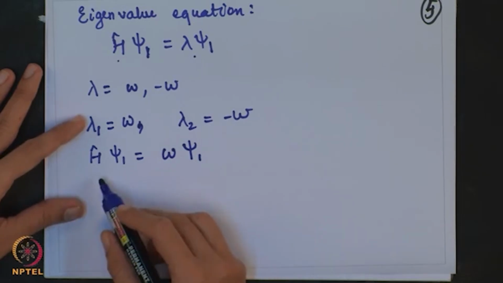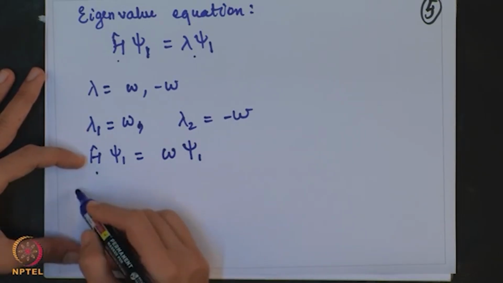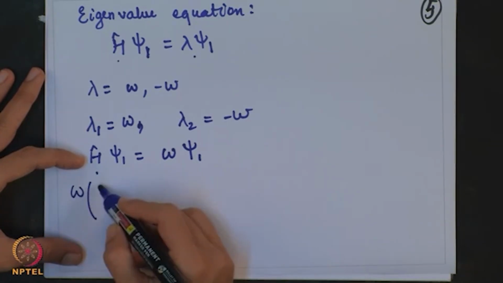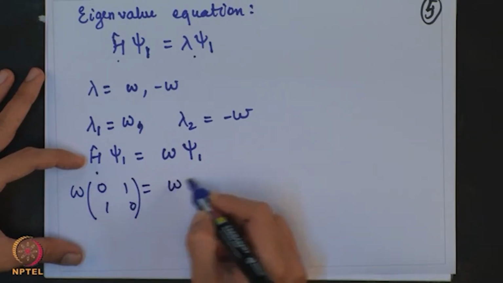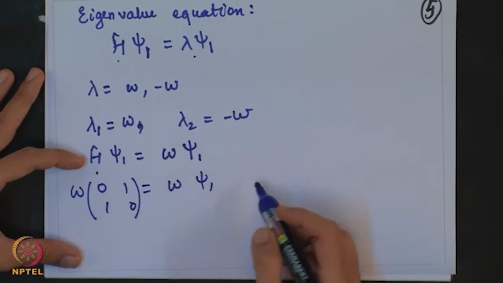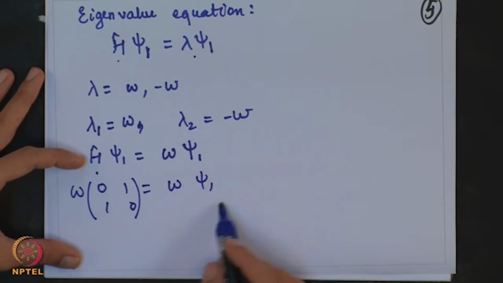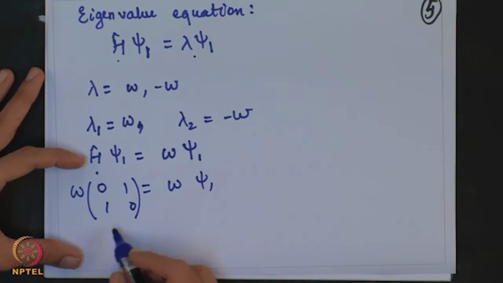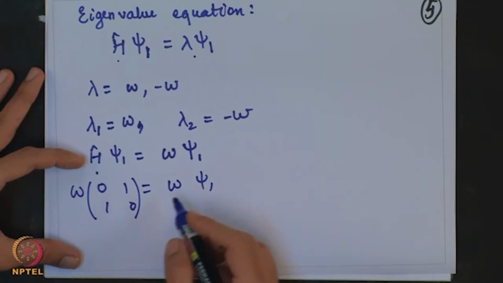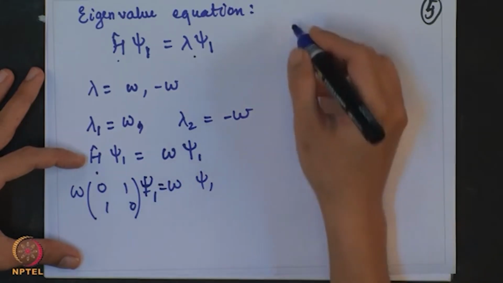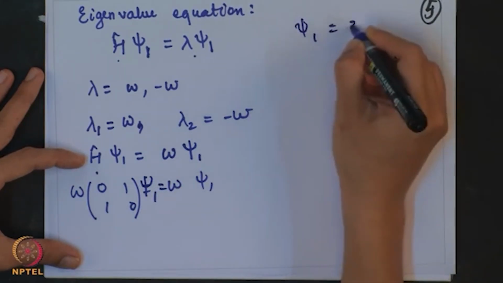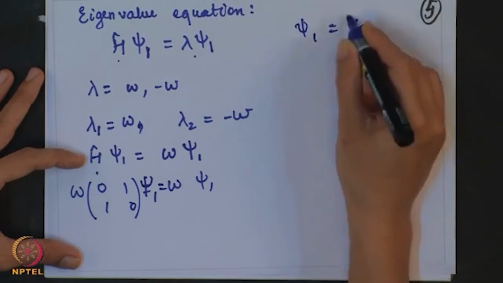Then you know now what operator H is, and omega psi 1. Then you can simply know from here. So, when I do this, I have a psi 1 here. Let me write psi 1 as some x1 x2.